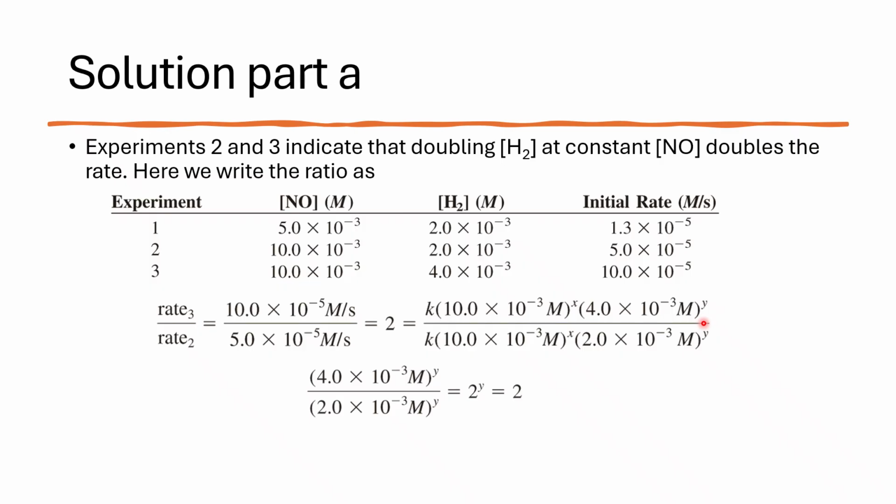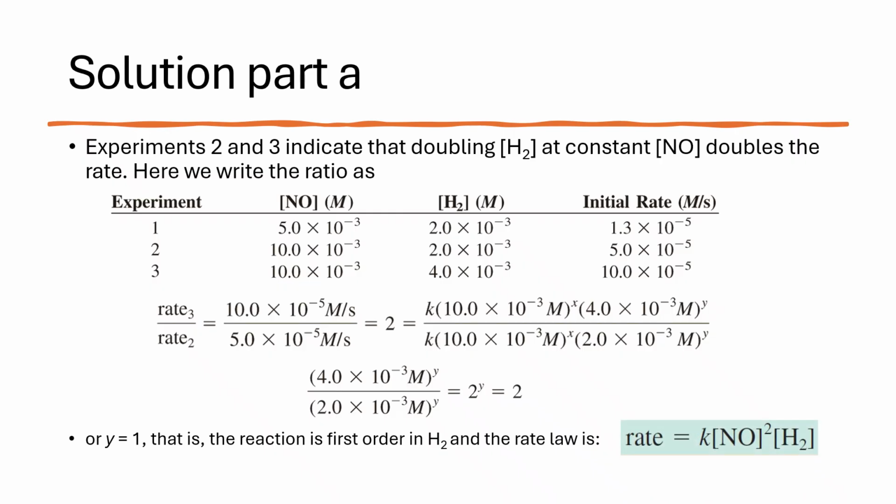This allows us to figure out that we are first order with respect to H2. 2 raised to the first power equals 2. So our y exponent equals 1, and we now have a preliminary rate law. Rate equals k times [NO] raised to the second power times [H2].